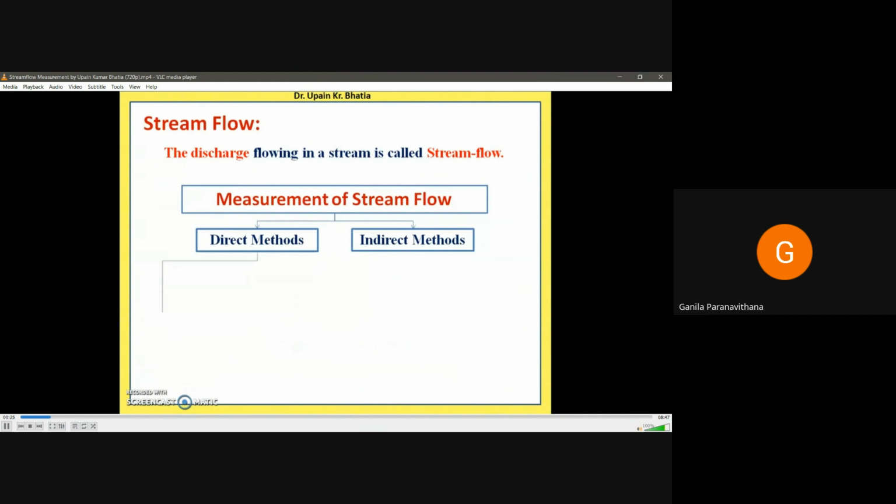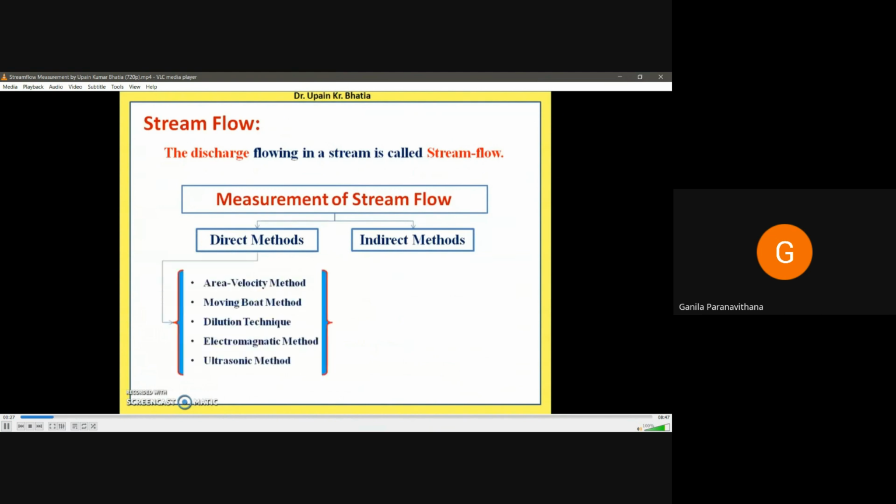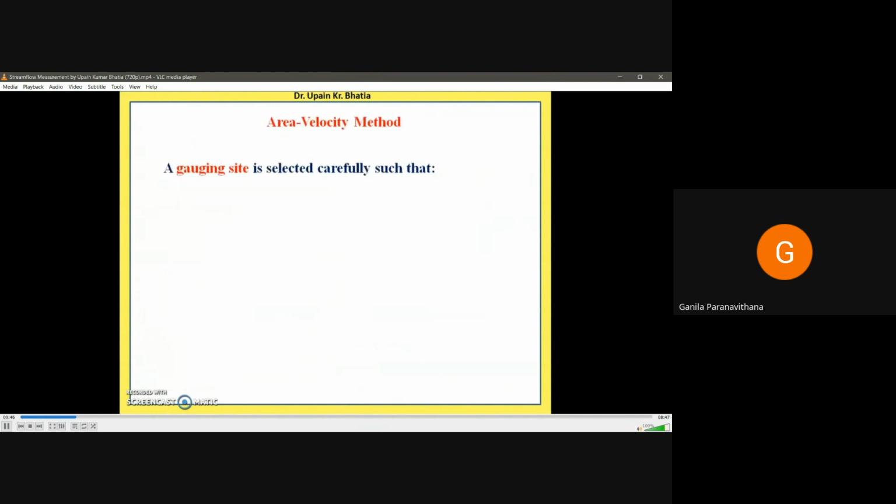Under the direct methods, we have area velocity method, moving boat method, dilution technique, electromagnetic method, and ultrasonic method. Under indirect methods, we have slope area method and few flow measuring structures. In this presentation, we will be focusing only on the area velocity method.